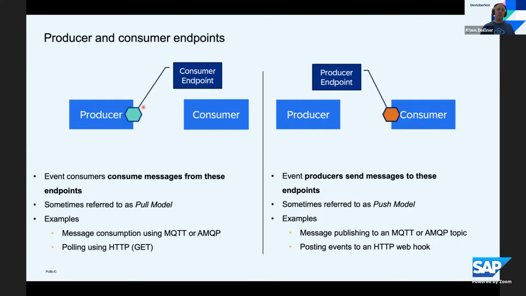And yes, the producer offers that consumer endpoint, but it offers it for consumers. So that's the point. Sometimes this model is also referred to as the pull model, because the consumer now opens up a connection to the producer, and initiates that and gets then this flow of events routed into itself essentially. That's typical for message brokers, but you could also do it when you are polling over HTTP.